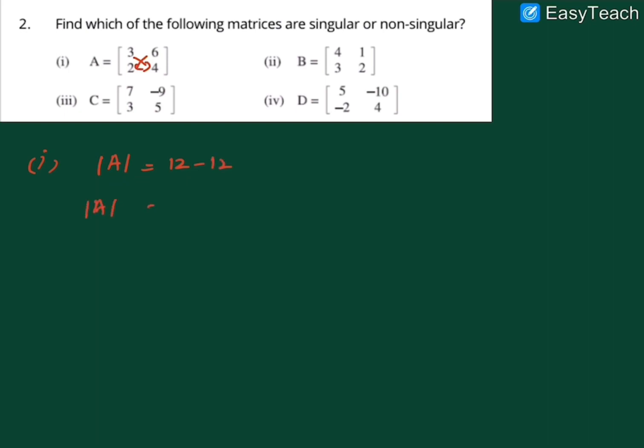Since A determinant is equal to 0, A is singular. B, what will be B determinant? 4 times 2, 8, minus 3 times 1 is 3, which is 5, which is not equal to 0. So B is non-singular.